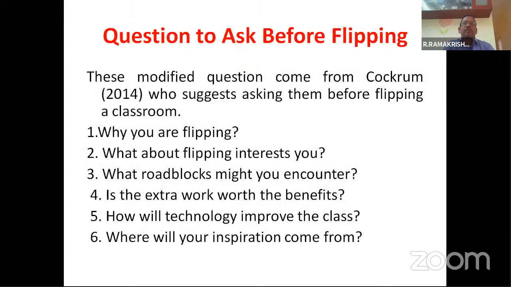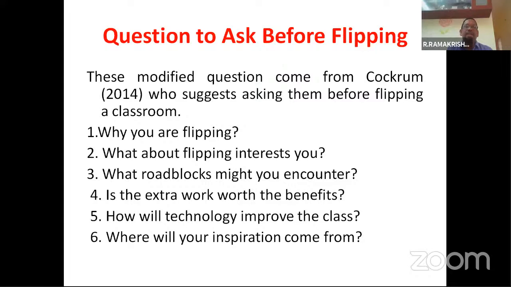Then, questions to be asked before flipping. If you want to develop a flipped classroom, you have to ask yourself the following questions. Why are you flipping? The importance of flipping, whether it is necessary, that we have to keep in mind.